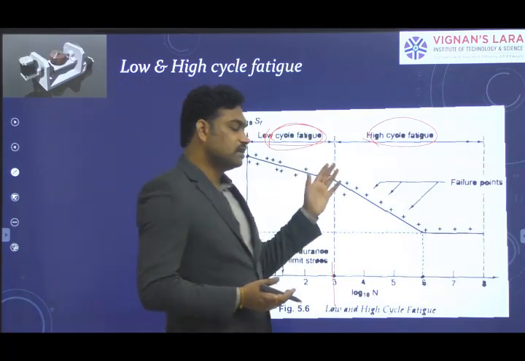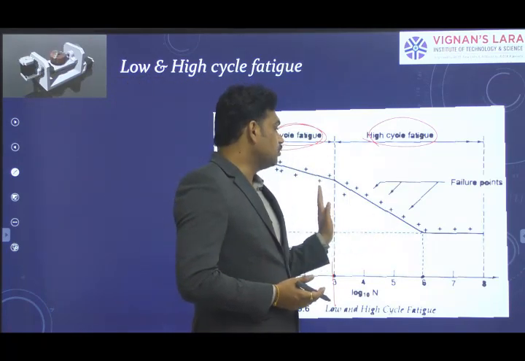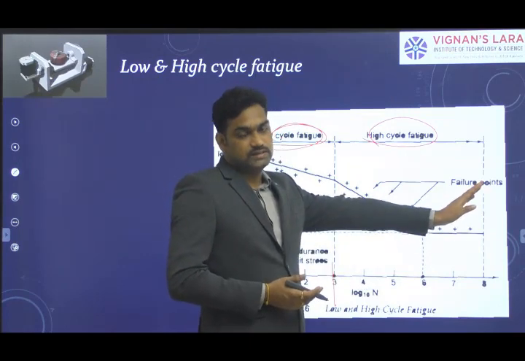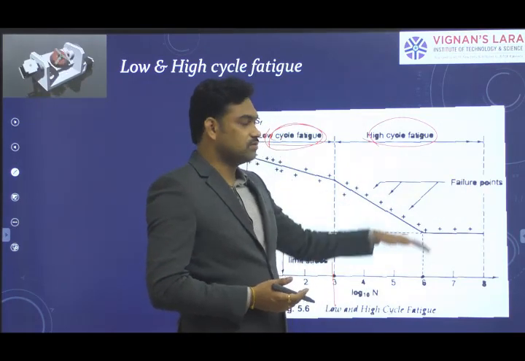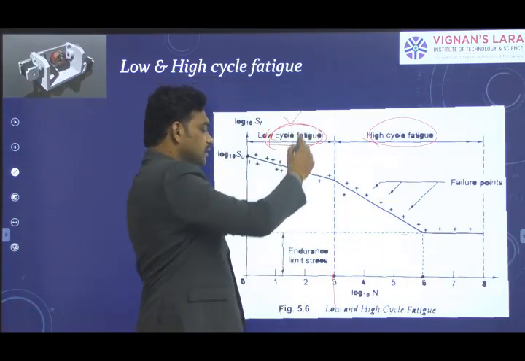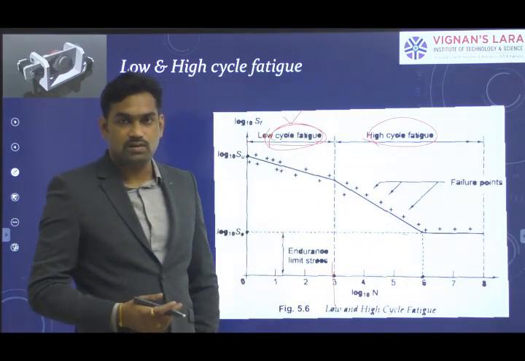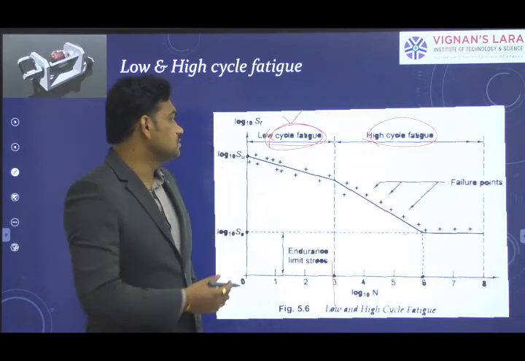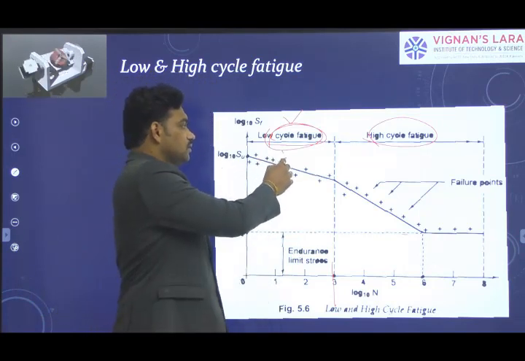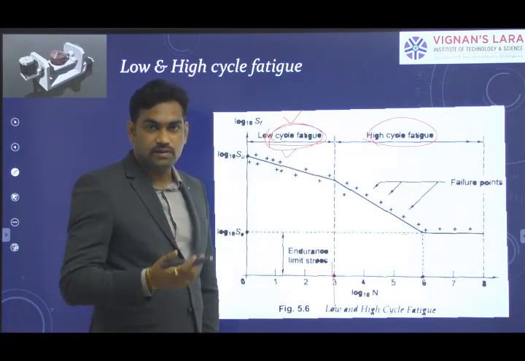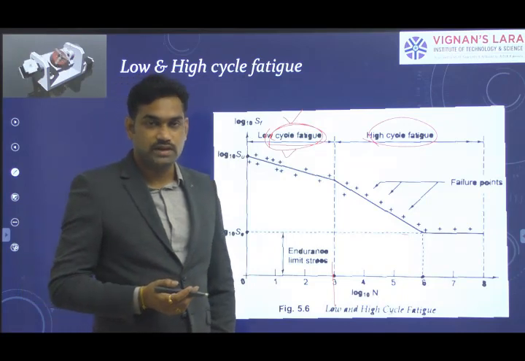Coming to high cycle fatigue, it is above 10 power 3 cycles, and even further to 10 power 6, that is infinite cycles. All that region we call high cycle fatigue. Low cycle fatigue components are bolts and nuts, or short-lived components like missiles, or axles of trucks. They can fail below 10 power 3 cycles.